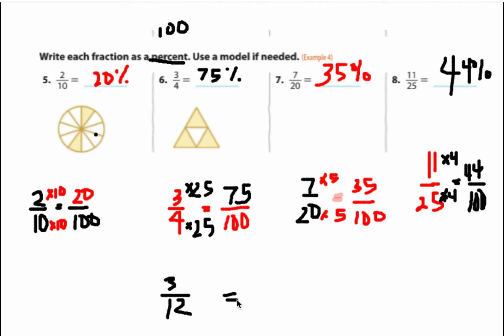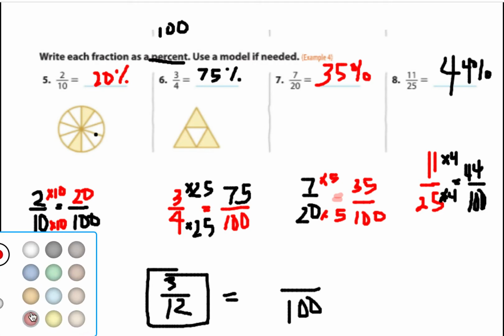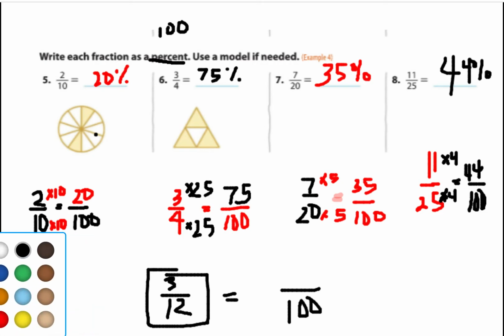Here you are all excited to get 100, but you go, wait a minute, nothing times 12 gives me 100. Then my question to you is, can you change this into an equivalent fraction by simplifying it, and then perhaps getting a denominator that will actually work?